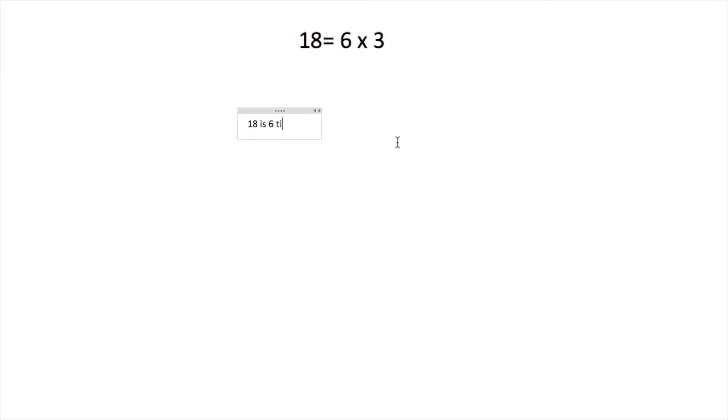You do not want to write a multiplication word sentence like this, or else it's considered wrong because you're trying to do a word sentence. So 18 is 6 times as many as, what number do we have here? We have 3. So this is a multiplication word sentence. We converted a multiplication equation to a word sentence. Let's move on to our next example.